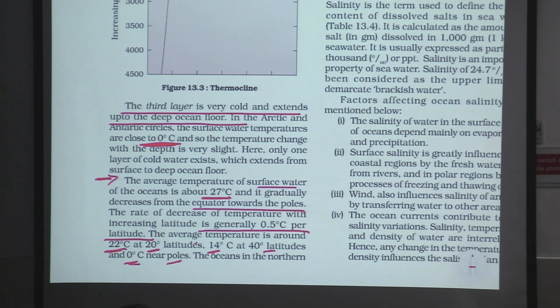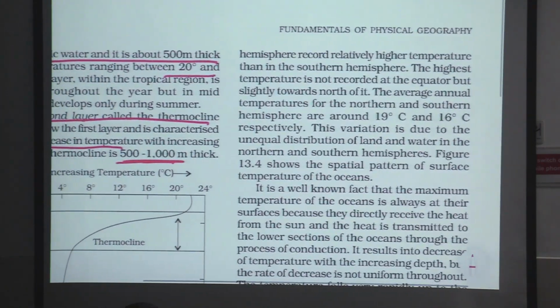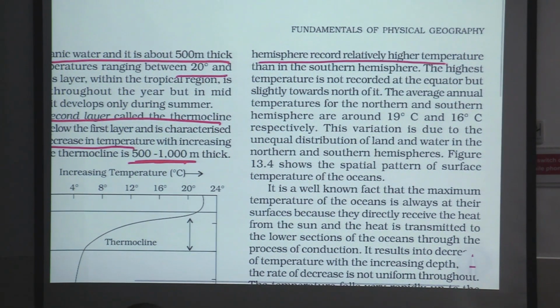So you can easily remember it. We know that temperature is decreasing with increasing latitude. The next thing talks about oceans in the northern hemisphere recording relatively high temperature. We learned it already because we have more land there. So these are the factual things that you can take into account.